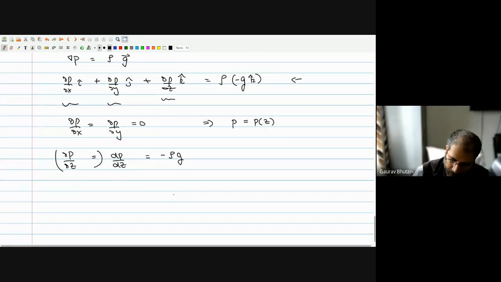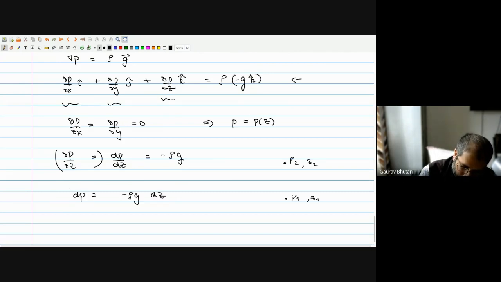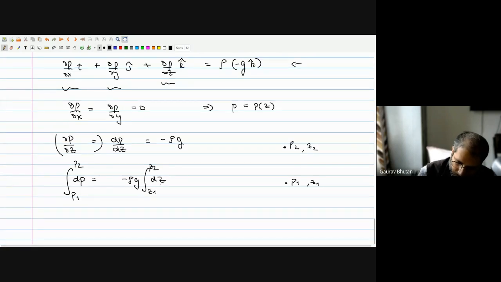Okay, so let's integrate that. So let's say this is my P1, this is my P2, and this is at height Z1, this is at height Z2. And remember, rho and G both are constants. So this gives me P2 minus P1 is equal to minus rho G times Z2 minus Z1.